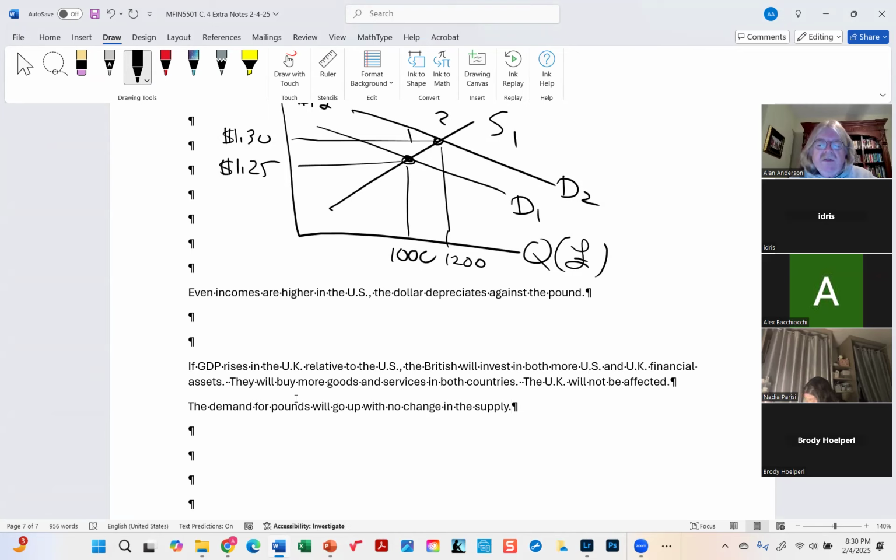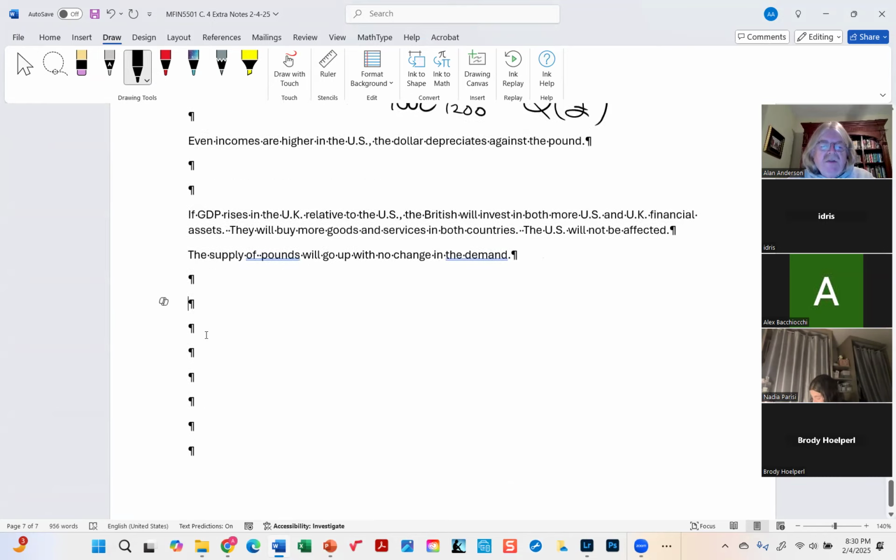They'll buy more goods and services. The US will not be affected. So the supply of pounds will go up into the United States, that is, with no change in the demand. Okay, so the graph will just go in the opposite direction.